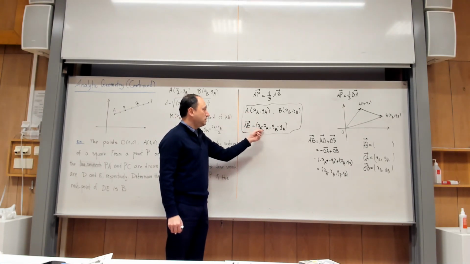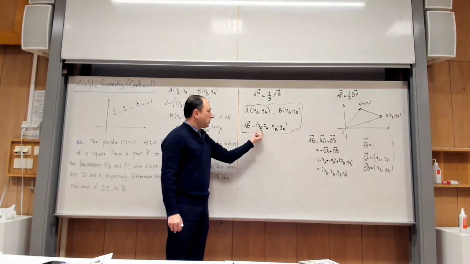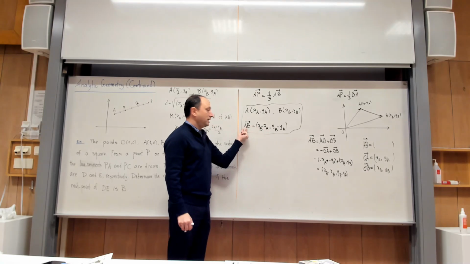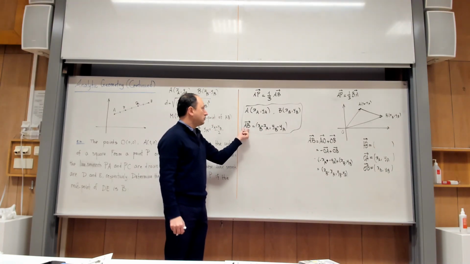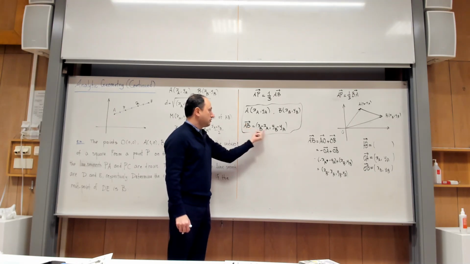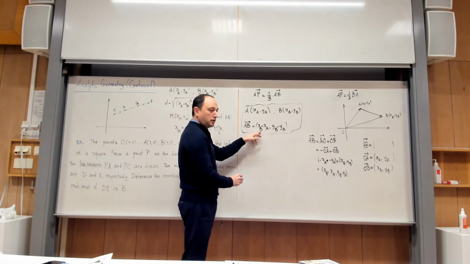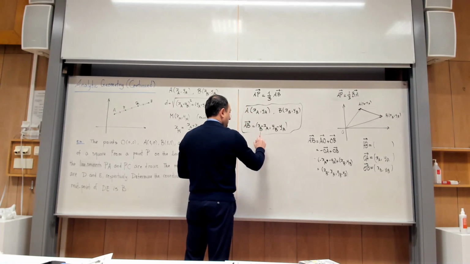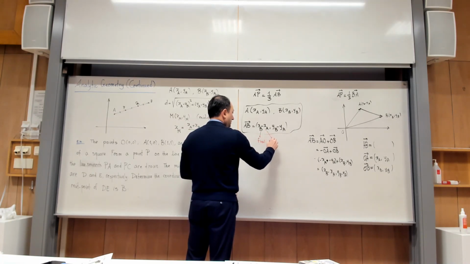It's extremely important that you start with the one with the final point minus the one with the initial point. So if I ask you what are the components of vector AB, you write AB is equal to this difference. This is the final point, final minus initial. And the same thing for here, final, initial.